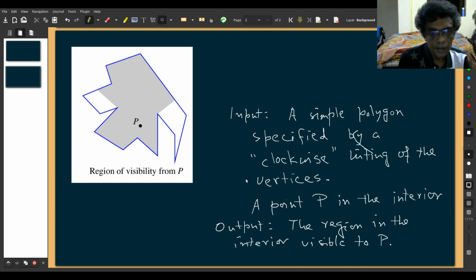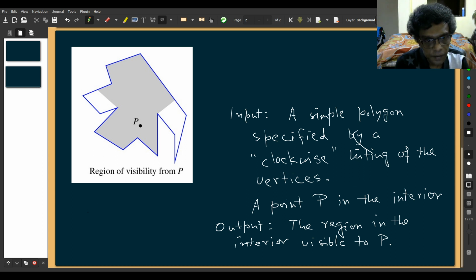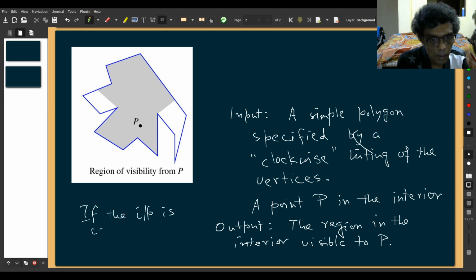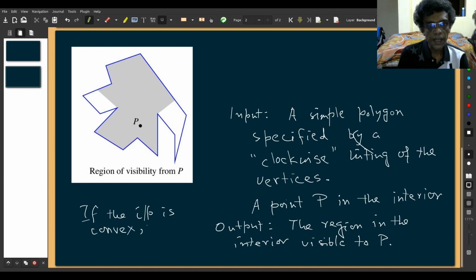Definitely, this problem makes little sense if the input is convex. Then, given any point in its interior, you can view the entire interior of the convex polygonal region.